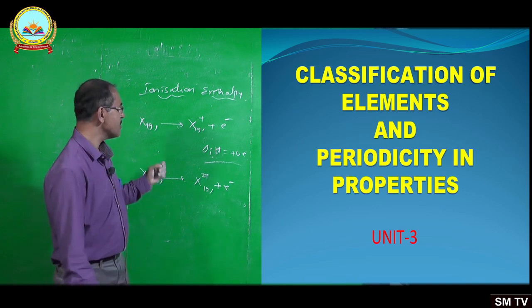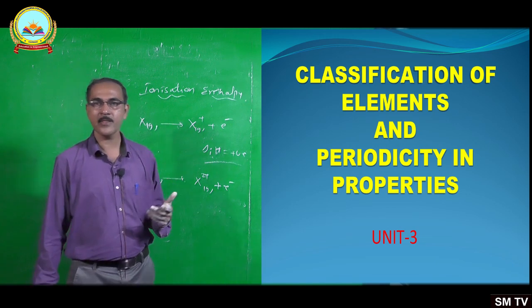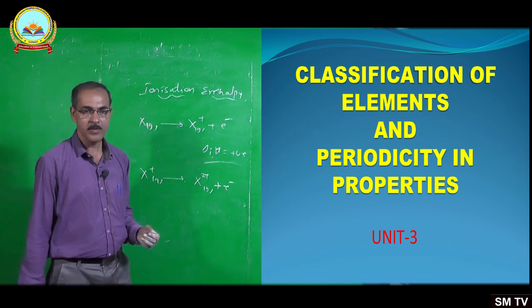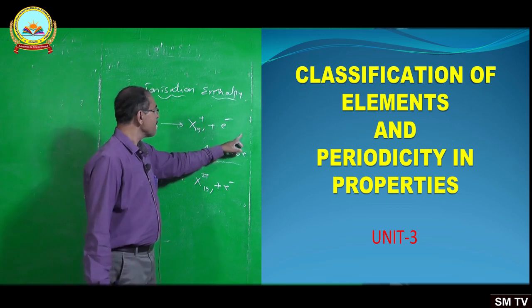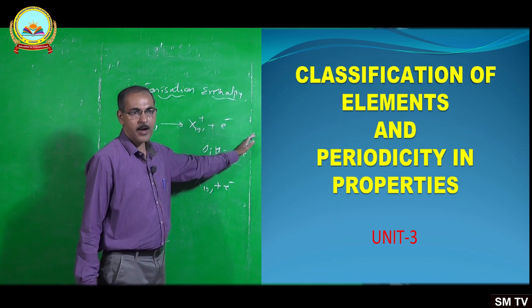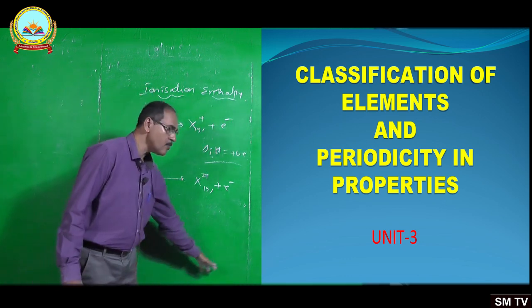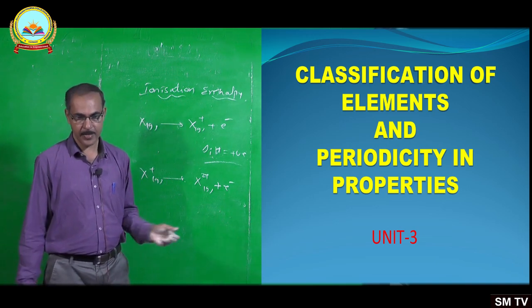Atomic radius is the main factor which decides ionization enthalpy, electron gain enthalpy, and electronegativity, for all. Again, across the period ionization enthalpy increases, down the group ionization enthalpy decreases.